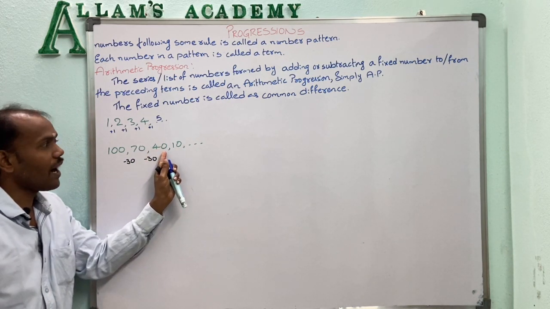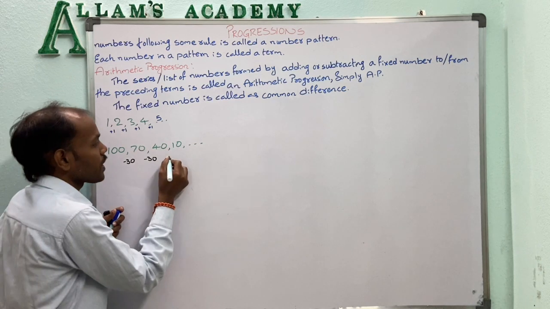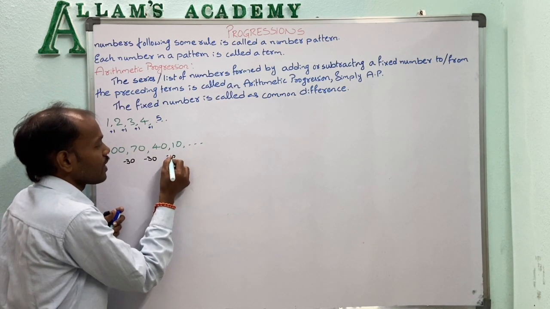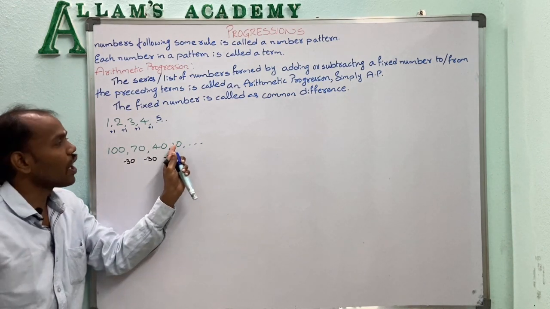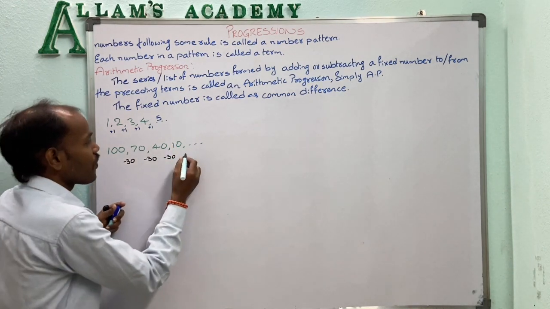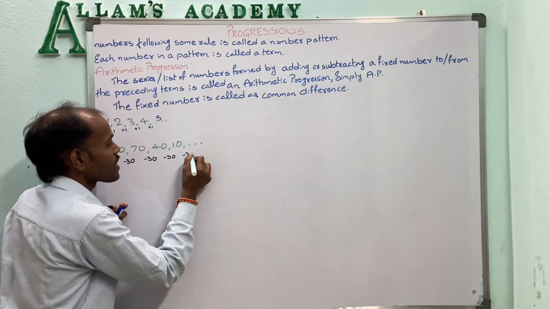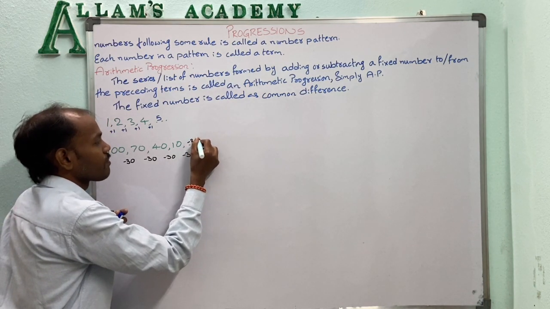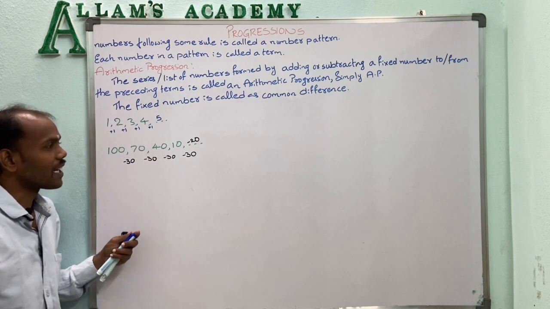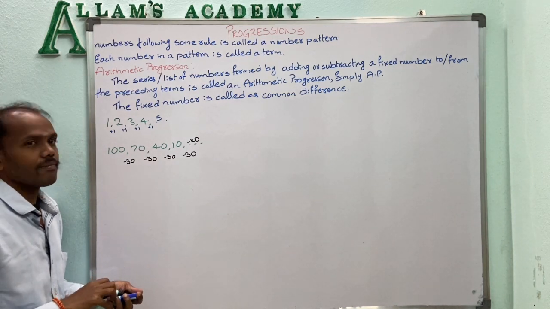Subtracting 30 again from 40 gives 10. From 10, subtracting the fixed number 30 gives minus 20. In that way we can write the series.